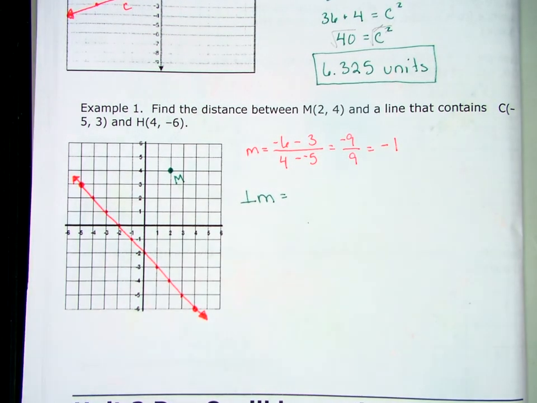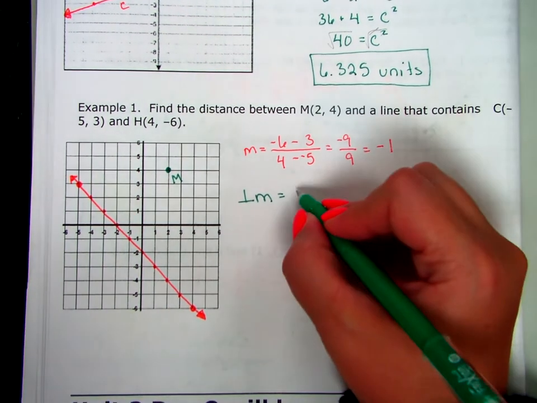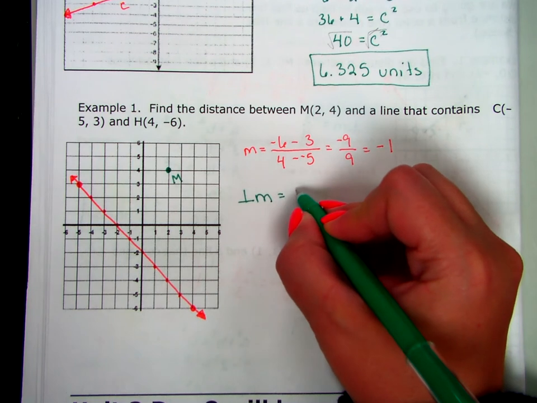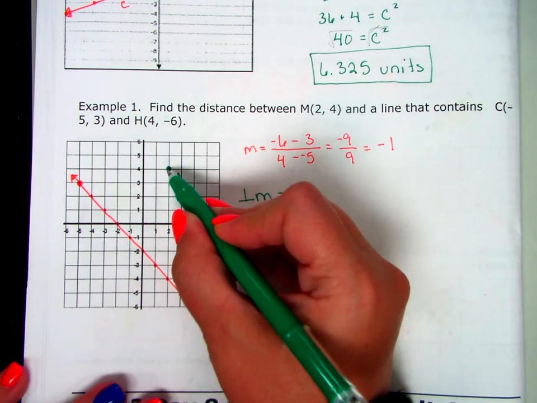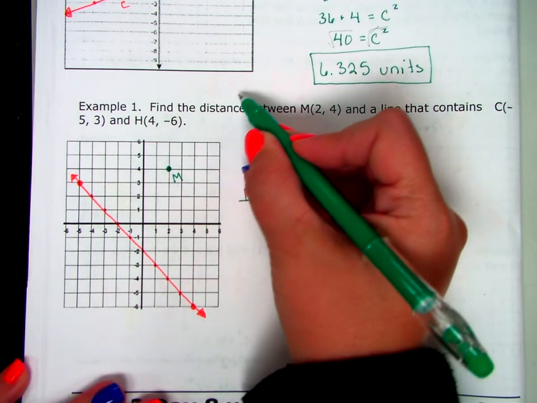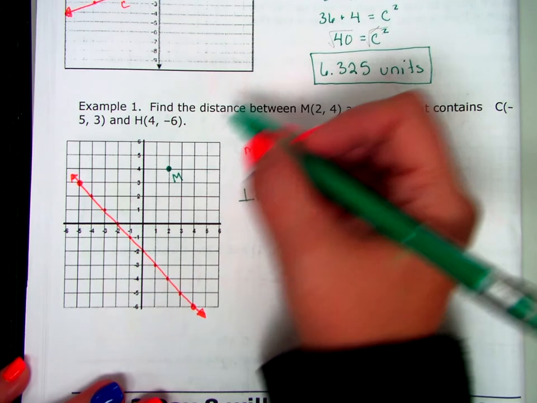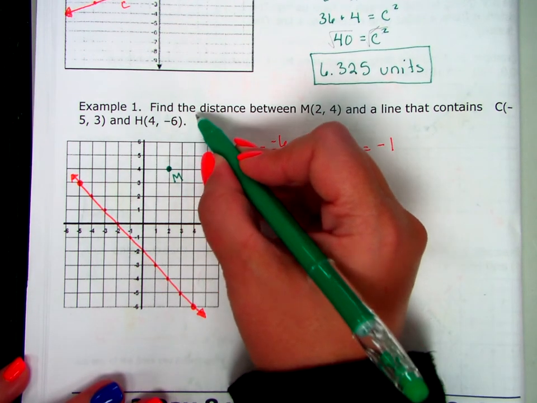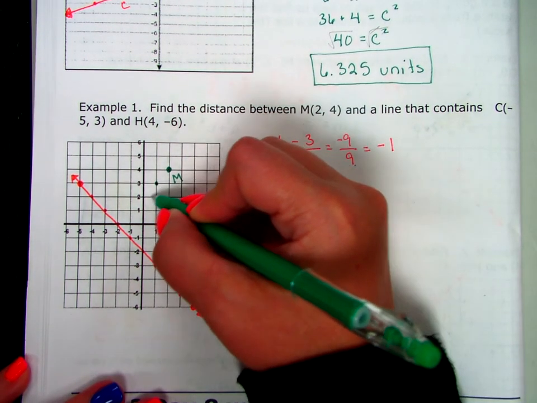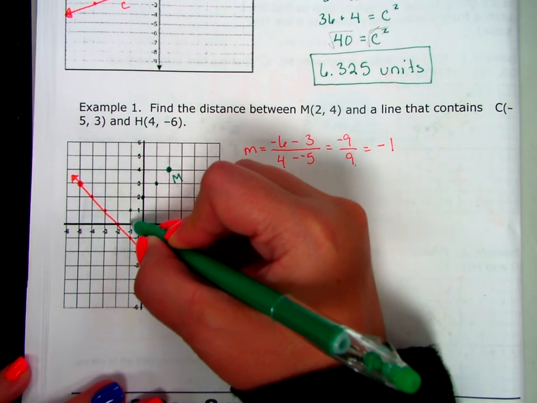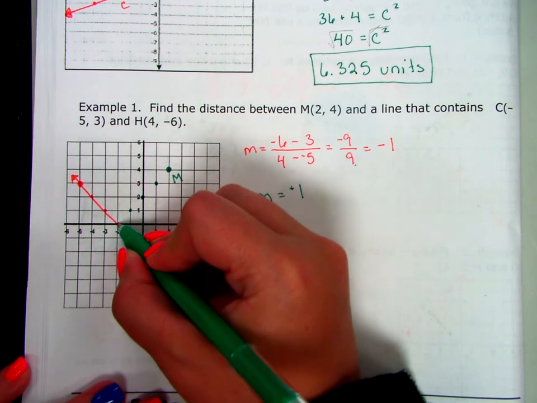Positive 1, because negative 1 becomes positive, and then you flip it over, 1 over 1 flips to also 1 over 1. So positive 1. Now, if I start at M and I start going in the positive direction, that mouse is going away from the cheese. So instead of going up 1 over 1, up 1 over 1, what do I have to do? Yeah, down 1, back 1. It's still a positive slope, right? Still a positive 1 slope.